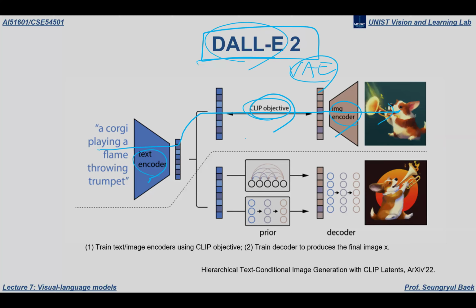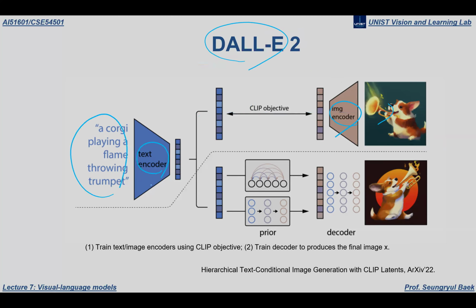And they can explicitly align the text encoder and image encoder. Then they are using two types of prior: the first is the diffusion prior, and the other is the autoregressive prior, which is the transformer prior. But in the experiments, they validate that the diffusion prior works better.